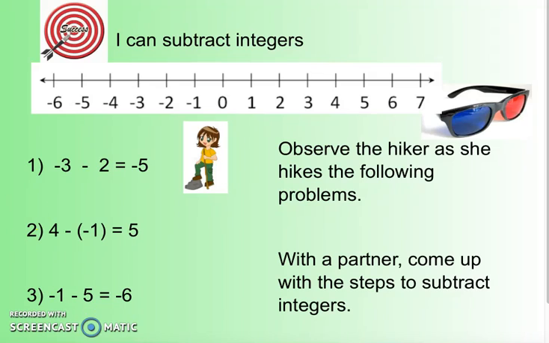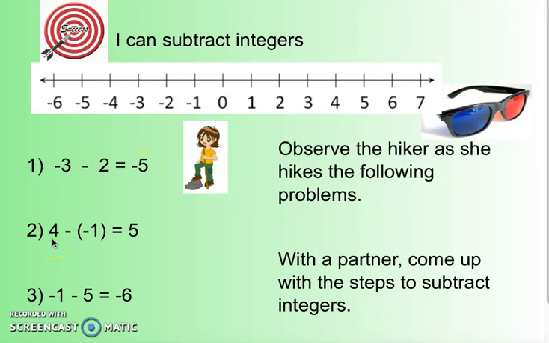Well, here are some observations that I noticed. I noticed that when she subtracted a positive number, so she started at -3, she subtracted 2, I noticed that she went further into the negatives. So she went further left.